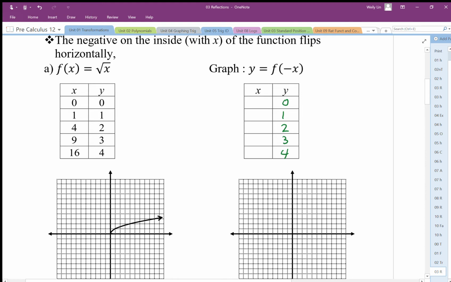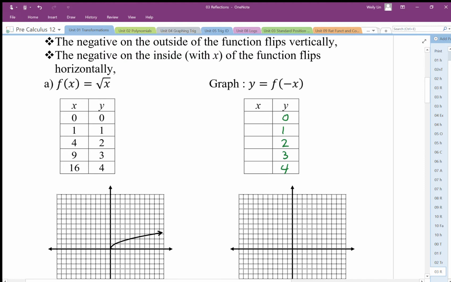So where does this 0 coordinate end up when we do the negative transformation? We probably don't need to do this, but I'm just going to do it anyways. We show that it's consistent. So this is our new x. This is our old x.